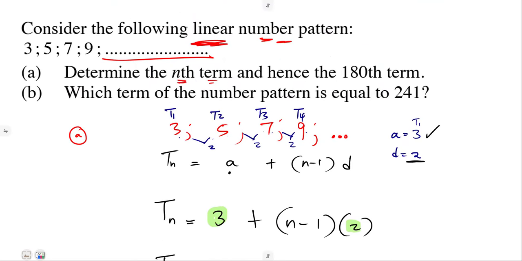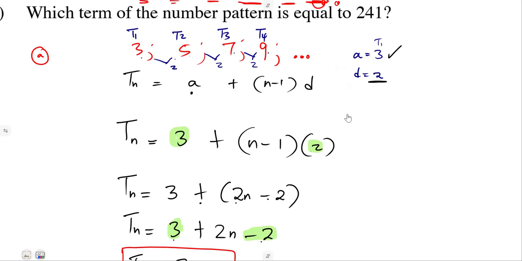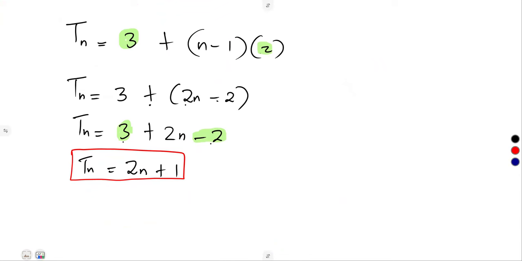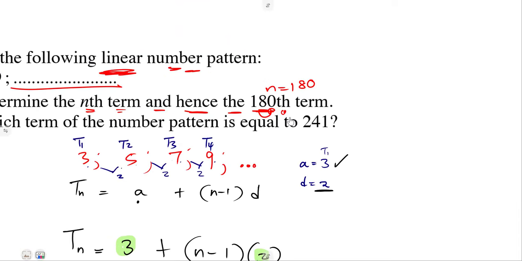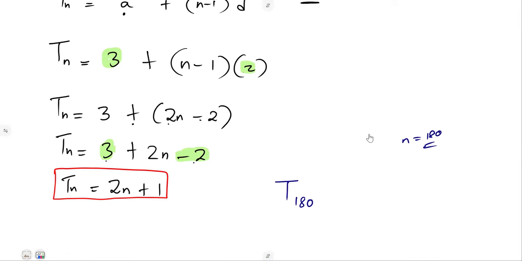And as a continuation, they're saying, hence determine the 180th term. N is 180. That's what they mean. So T 180 means when N is 180, as it is given there.